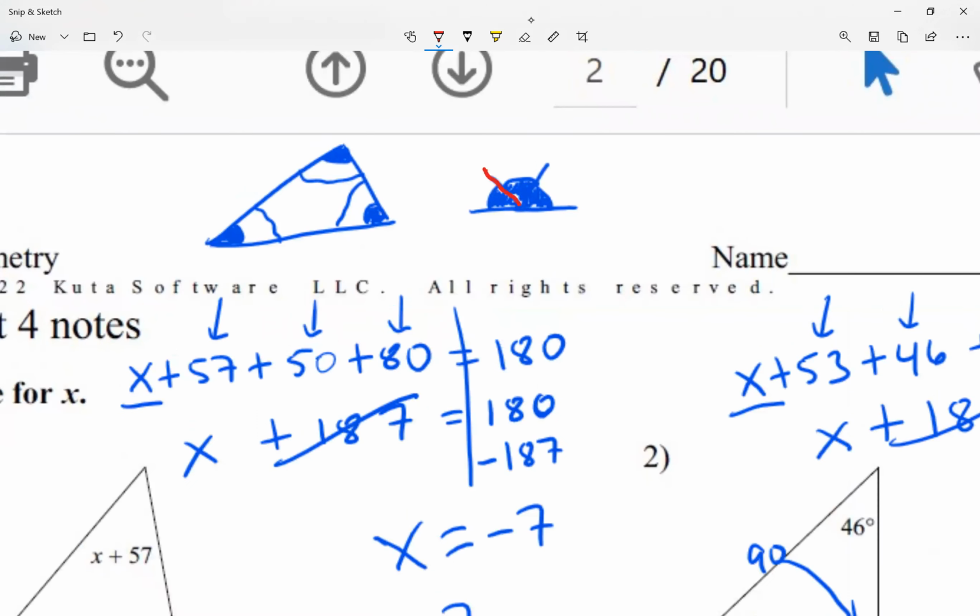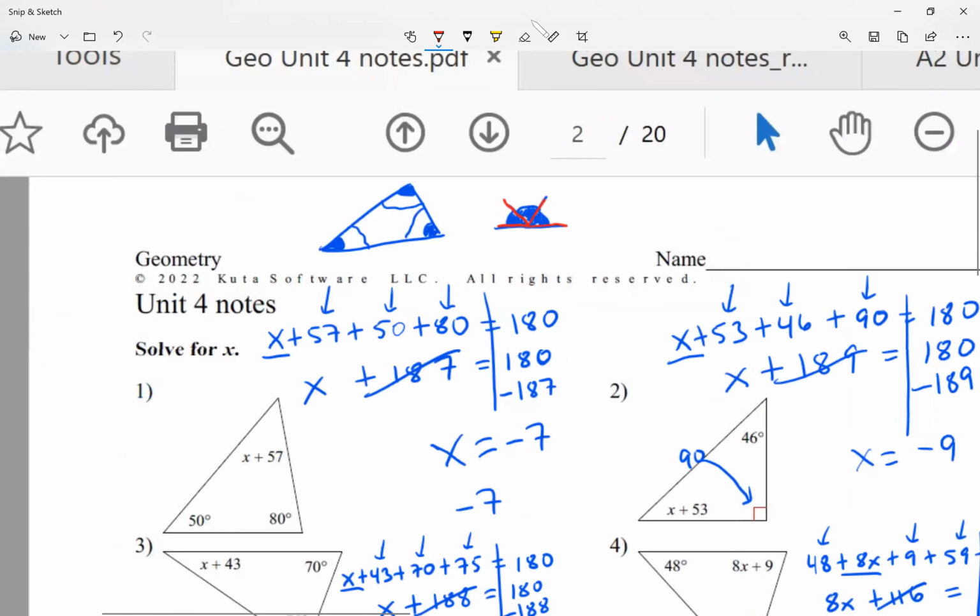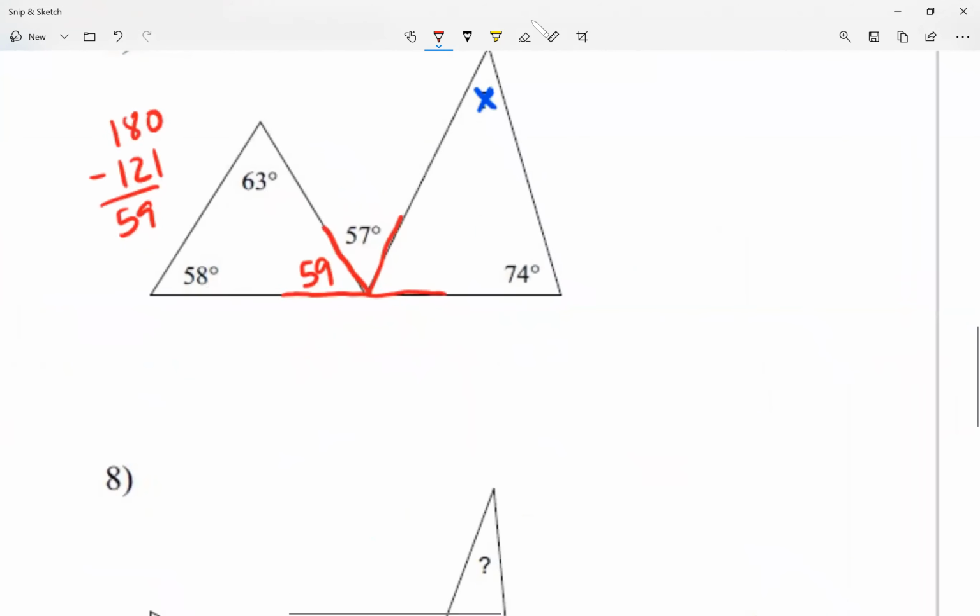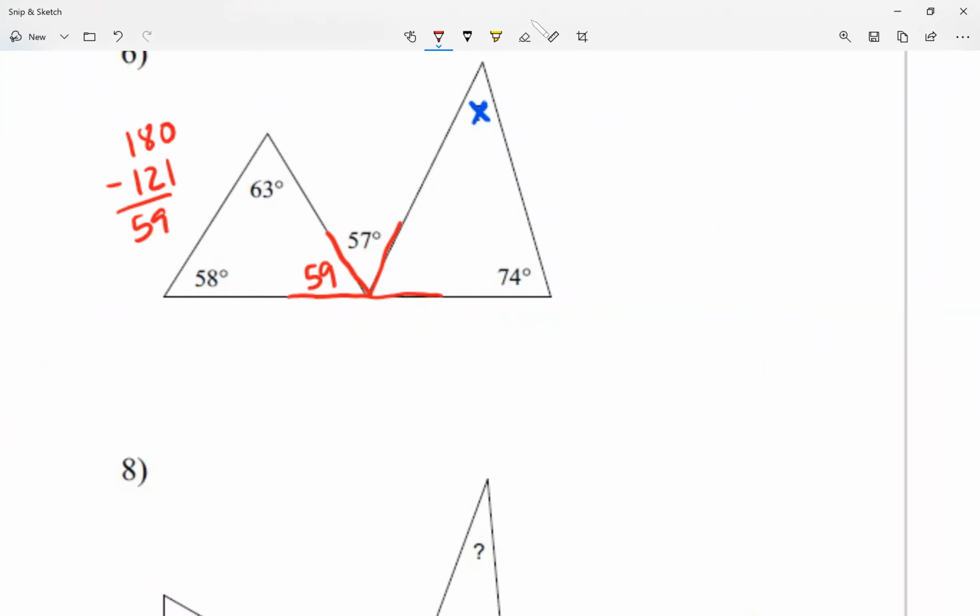You guys see my three angles? Should add up to 180. So coming back to this image, those three corners should add up to 180. So I know two of them, 59 and 57. So let me add those two. 59 plus 57 is 116. I'm going to subtract this from 180.